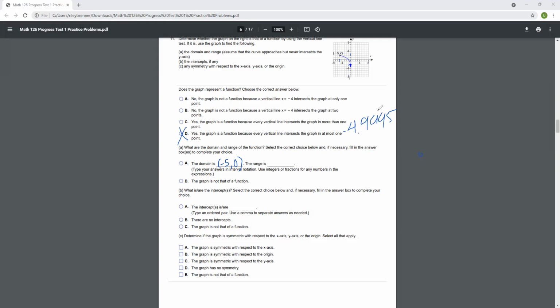And then when I'm talking about my range, when I'm doing this on paper, I literally like to trace it with my fingers. What I would note in this case is I have this arrow pointing down, which is indicating to me that I'm going down forever and I'm continuing forever. So I would assume that the lower end of my range is -infinity.